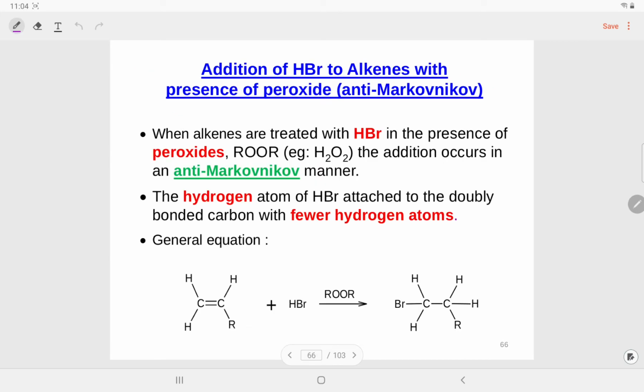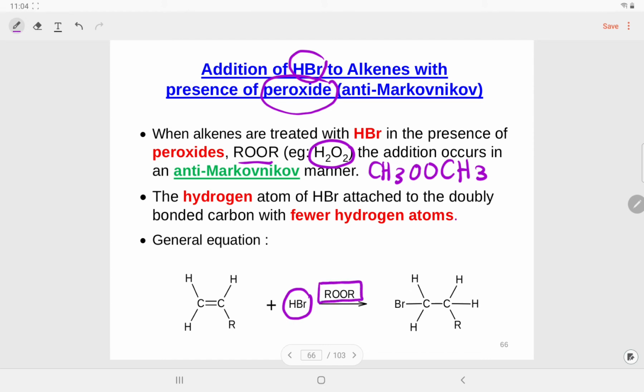So how about the addition of HX, specifically hydrogen bromide, in the presence of a peroxide? The presence of peroxide here is either H2O2 or CH3 or CH3. So if your reagent consists of hydrogen halide, which is hydrogen bromide, with the presence of peroxide together, this reaction must follow anti-Markovnikov.